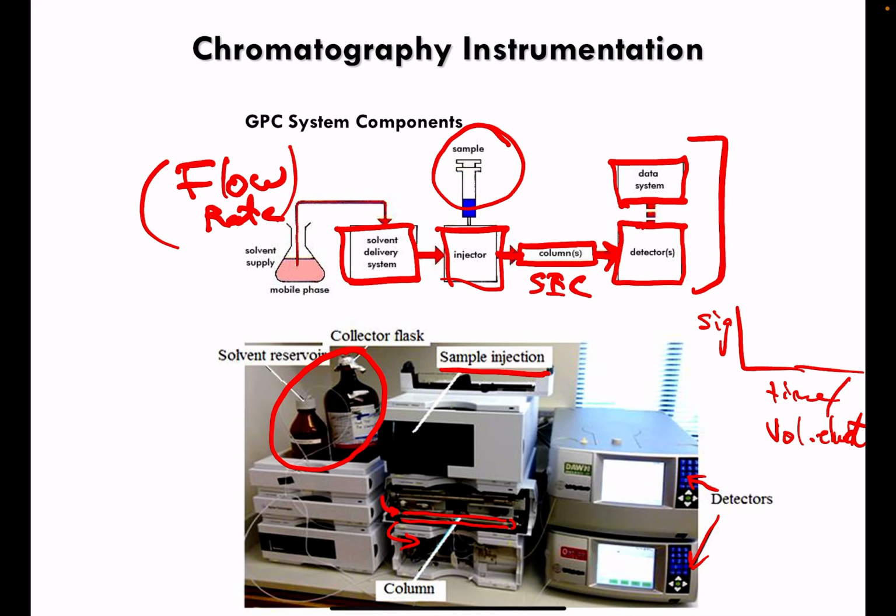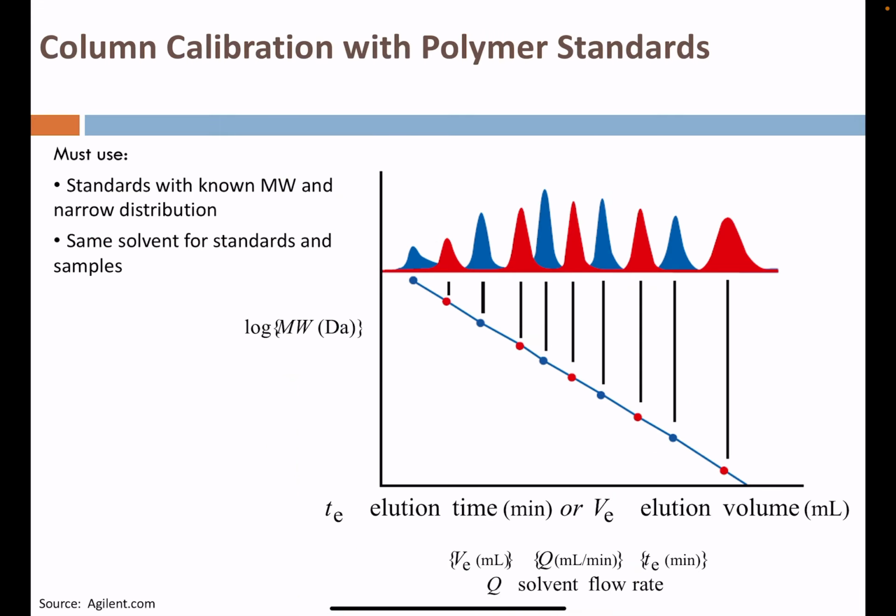That is, time can be converted into volume knowing the flow rate. So the x-axis in chromatograms is typically found also in volume of eluent, not only time for elution. Okay, so knowing that, we can now explain our x-axis in that regard.